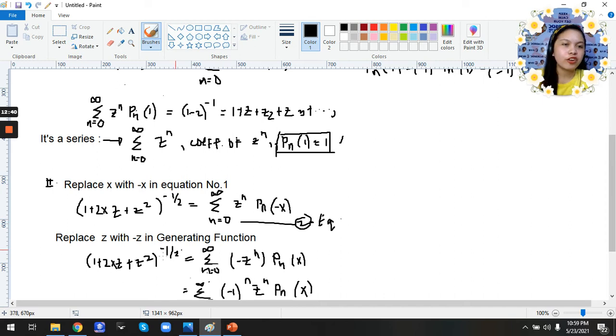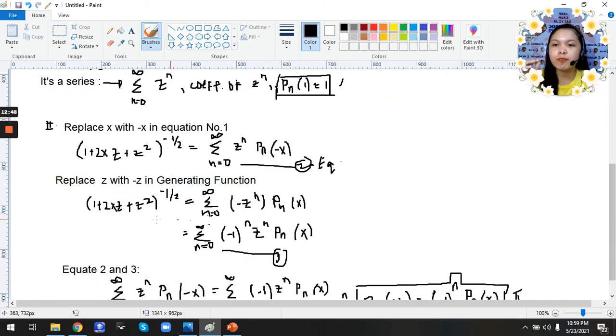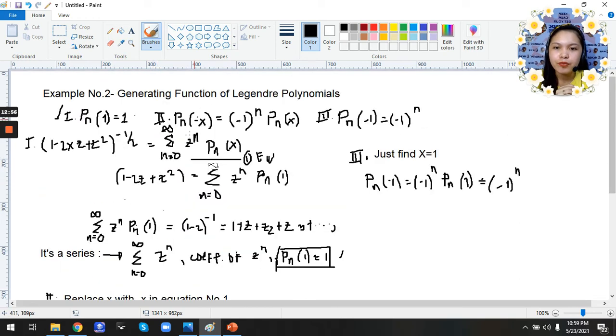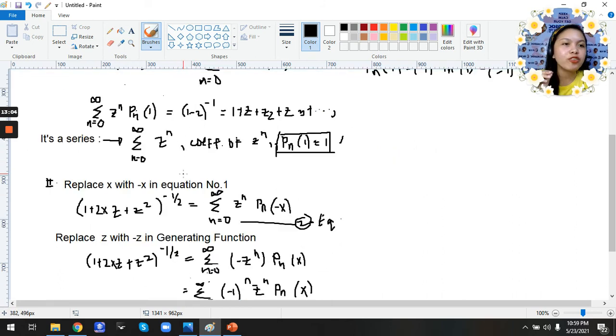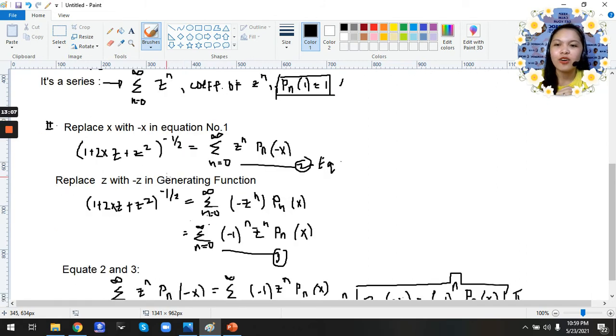So, continuing, let's replace z with negative z in the generating function. Same as with this part, where we replaced x with negative x. The positive z, as you can see here, you have to change it to negative z. So, let's find out. We have the summation from n equals 0 to infinity of negative z to the power of n times P sub n of x.